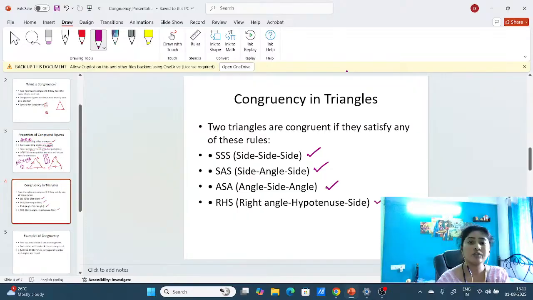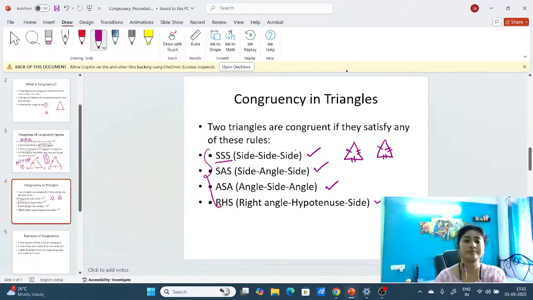So we have 1, 2, 3, 4 ways to check congruency of triangles. The first one is called side or SSS. If the corresponding sides of two triangles are equal, then they are called congruent triangles.